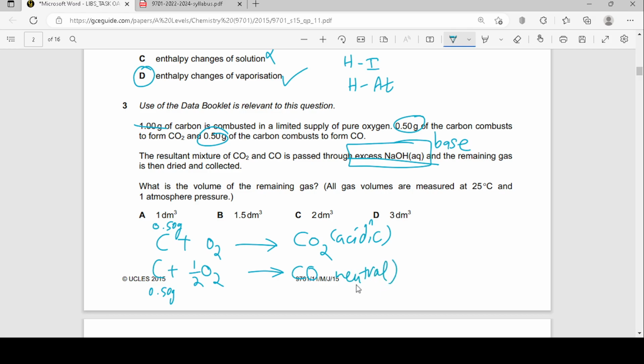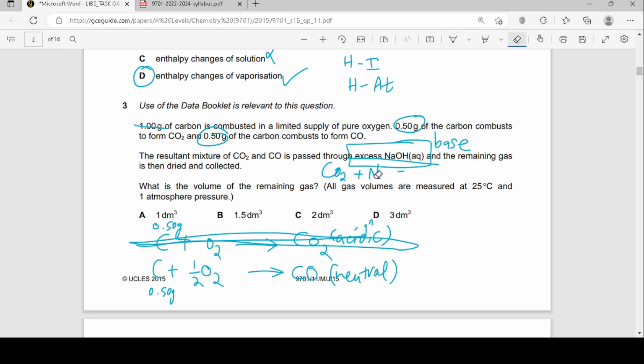So the reaction will take place between CO2 and NaOH, and we'll get Na2CO3 plus H2, or perhaps NaHCO3 plus H2, something like that.